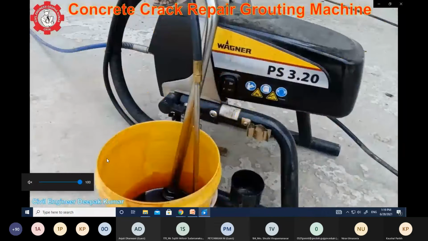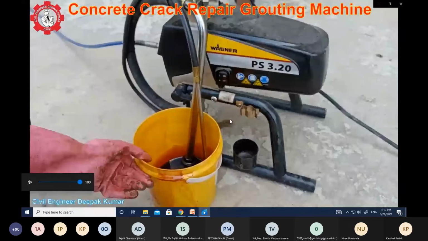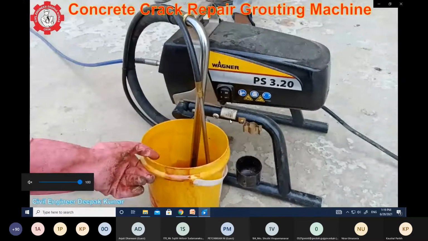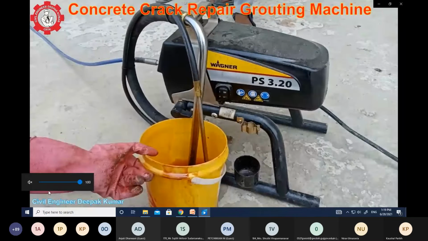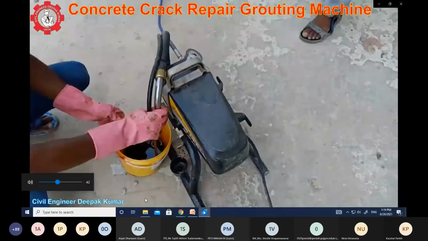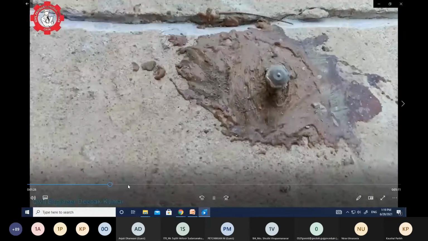Now you just see over here, there is a machine taking the epoxy and then filling the crack. See the arrangement, the crack which has been filled through this particular pot.